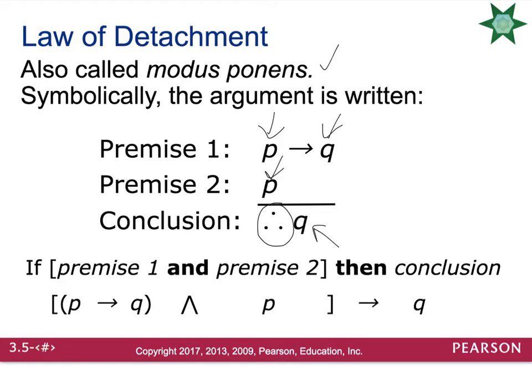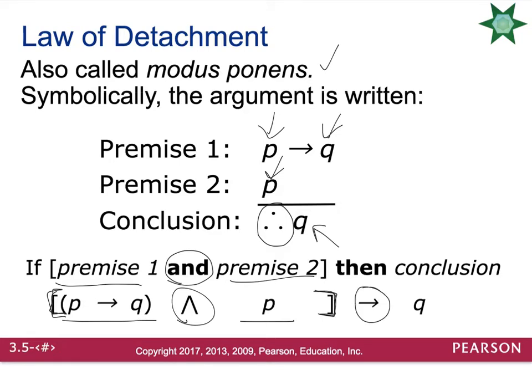Now, when you go to prove this statement as being a valid argument, you take the first premise in a conjunction with the second premise. Remember, our first premise was if P, then Q. We'll do a conjunction, and then our second premise was just P. Notice it's in brackets because you want to figure out the truth value of just that conjunction.